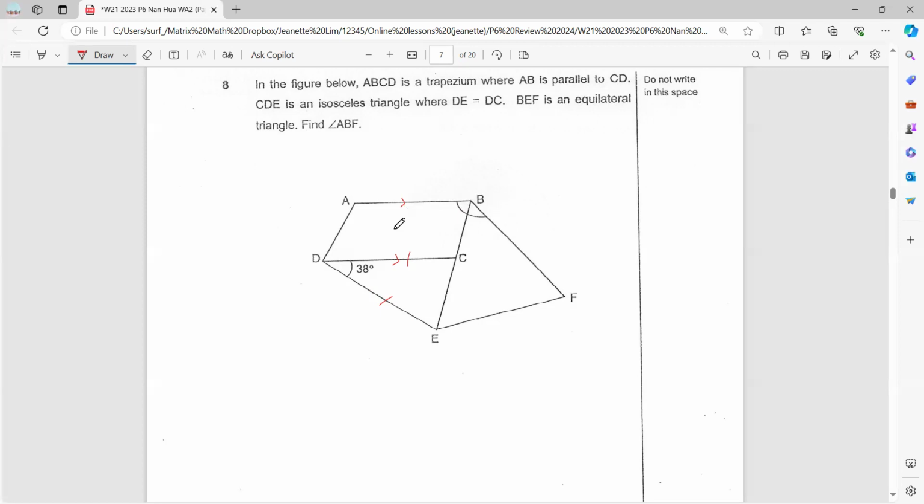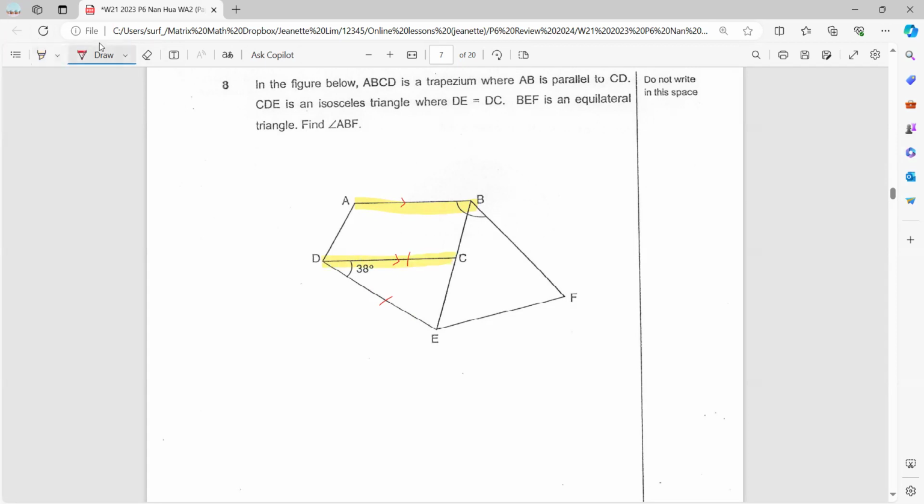So first, let's look at this isosceles triangle. I know that these two angles are the same. So I'll take 180 minus 38 divided by 2. Why do I want to find these angles? Because I have parallel lines here, right?